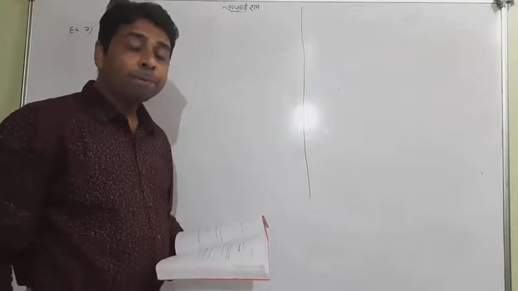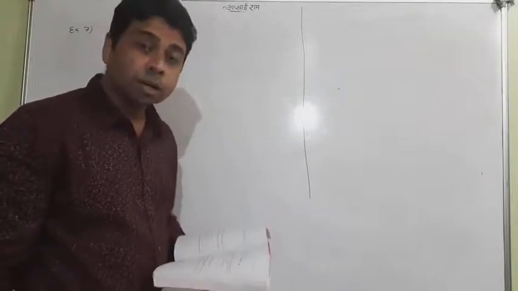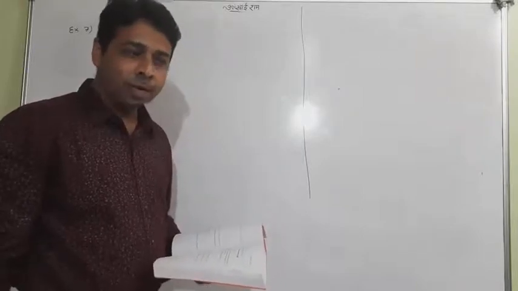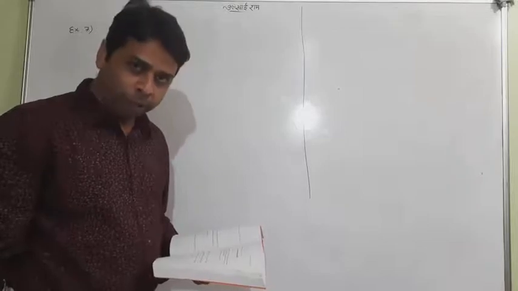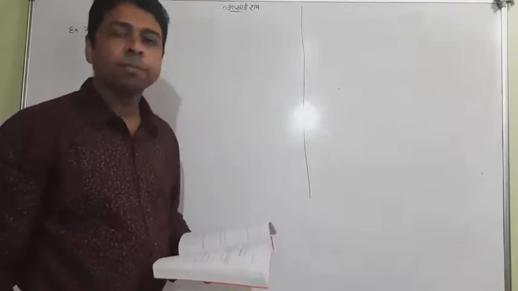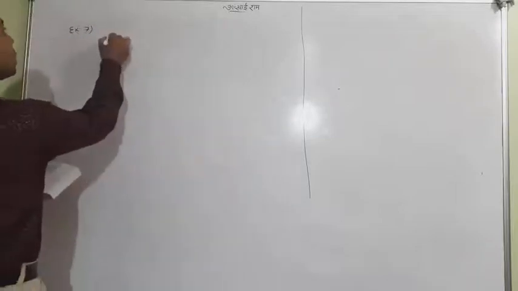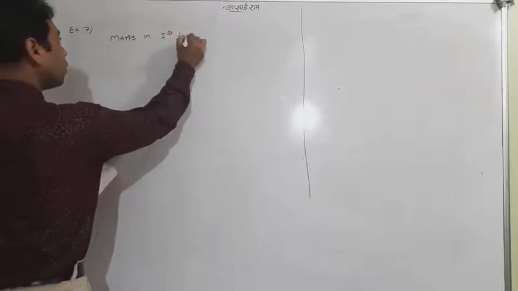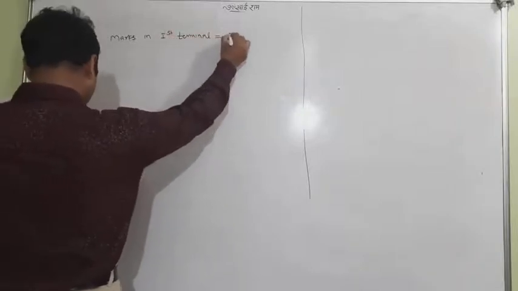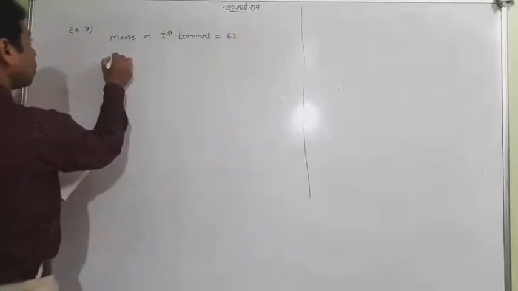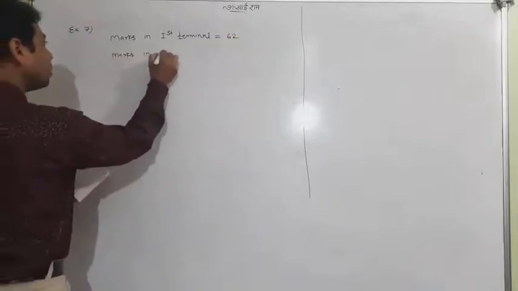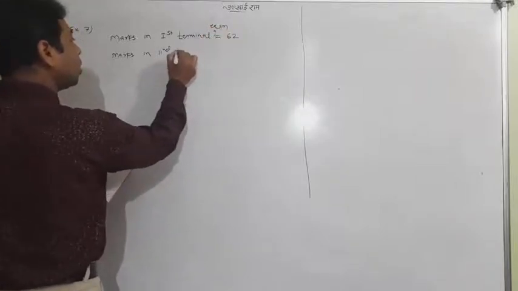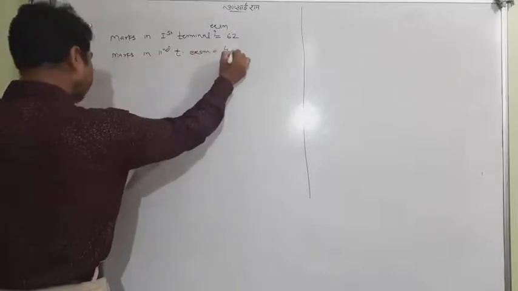Meaning, now we have to find the minimum marks in the third examination so that the average mark should be at least 60 marks. What is the average? You know that it is the addition of all the marks upon the number of examinations. So the marks in the first terminal is 62, marks in the second exam is 48.